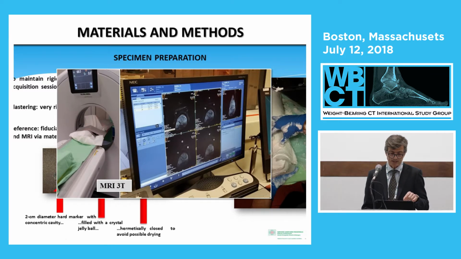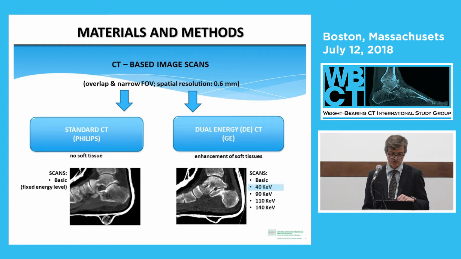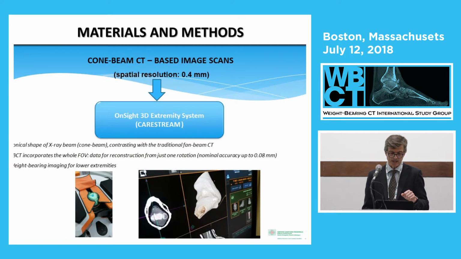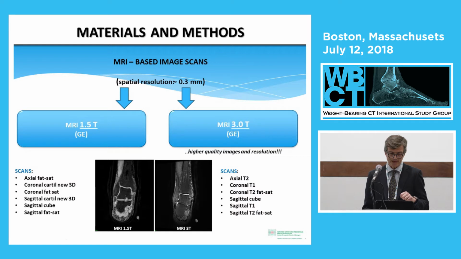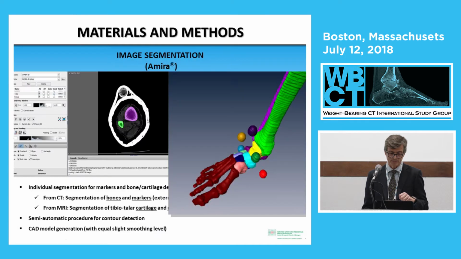And this has been taken into the machines. So we've been using our standard CT, our dual energy CT, the cone beam CT, and the 2 MRI that we have in use in our hospital, the 1.5 Tesla and the 3.0 Tesla.